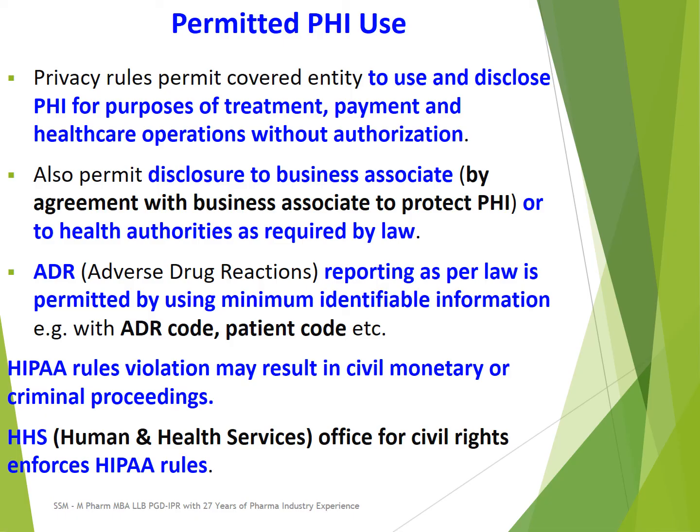Privacy rules also permit disclosure to a business associate under a business associate agreement to protect protected health information, or disclosure to health authorities as required by law. Privacy rules also permit ADR reporting, that is adverse drug reaction reporting, as required by law, by using minimum identifiable information, for example use of a patient code instead of patient name, or ADR code, etc.